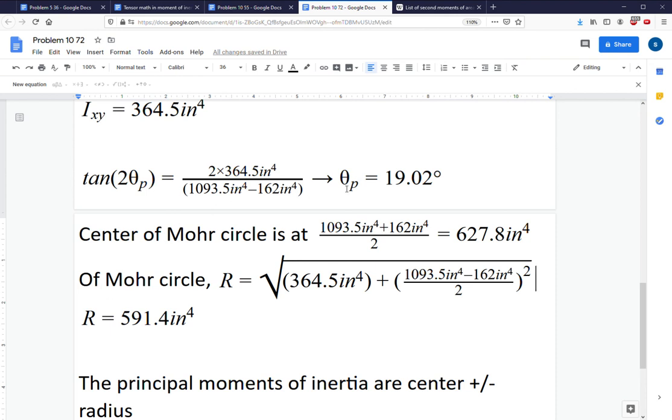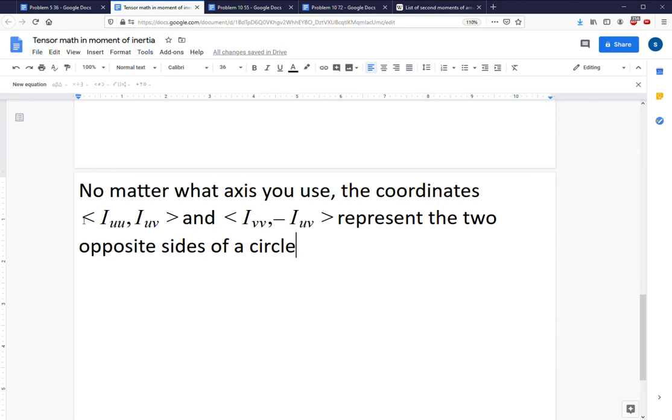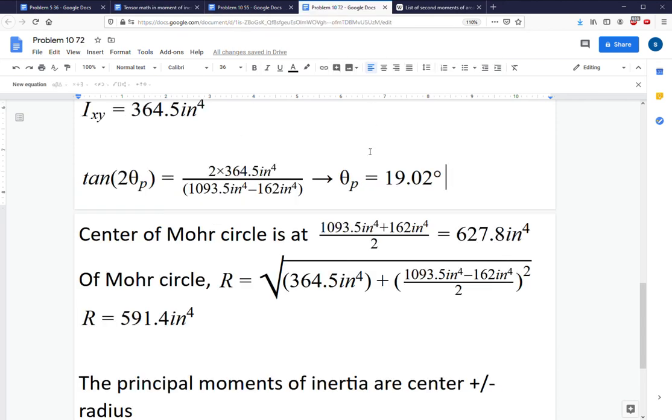So if I rotate my axes by this 19.02 degrees, then the two points that represent these should be points where Iuv is 0. And so it's just Iuu and Ivv that are the principal moments of inertia now.